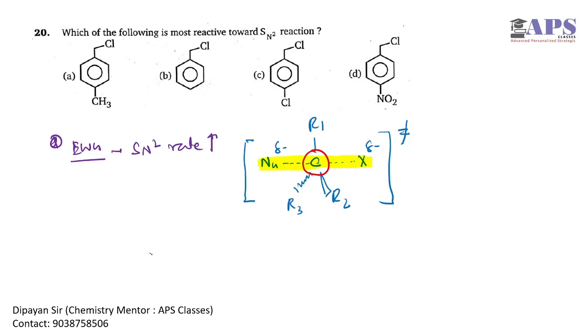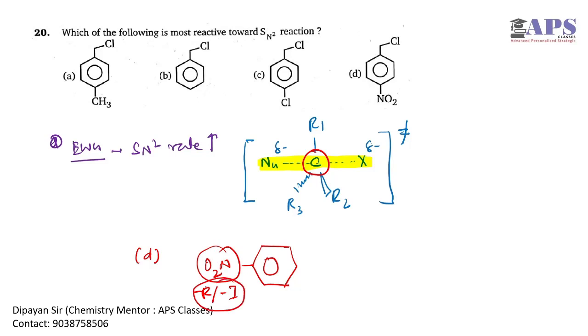If we see option number D, NO2 is present, which can show minus R as well as minus I, both electron withdrawing.